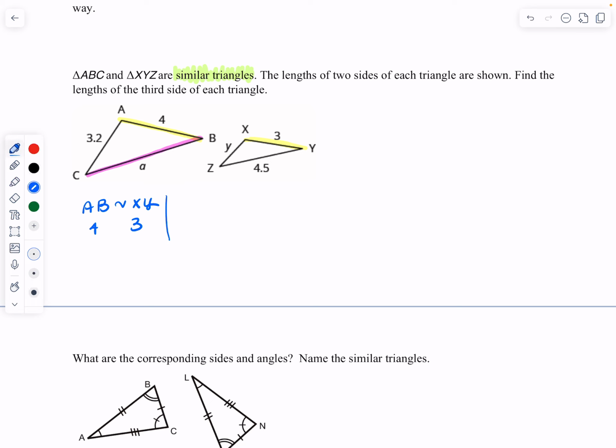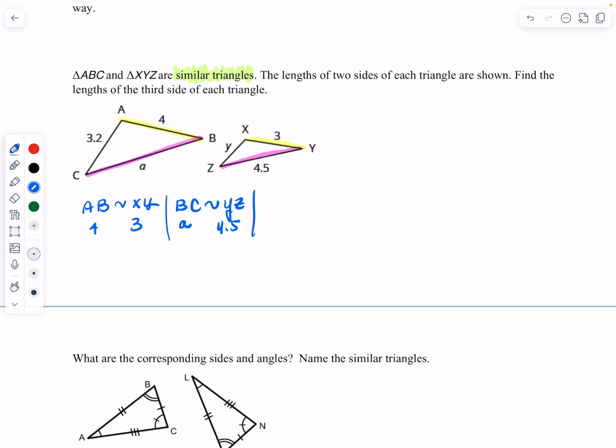So BC is similar to, and by the way, the measure of BC is unknown. We don't know what it is. But it is similar to the middle 2 letters, or the one after X, Y, and Z. So I'm going to make that magenta as well. So BC is similar to YZ, which that measure is 4.5.